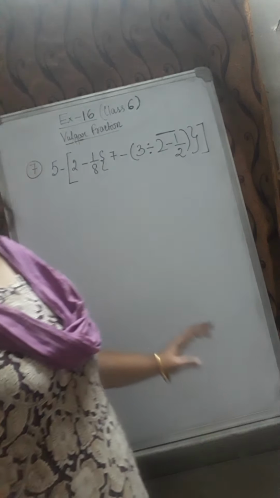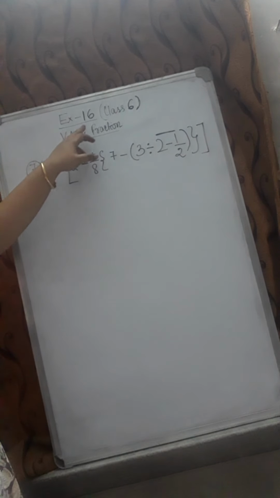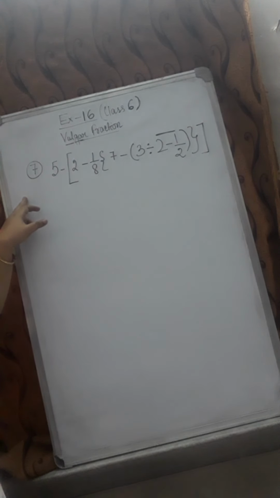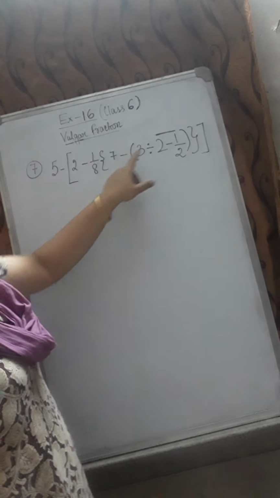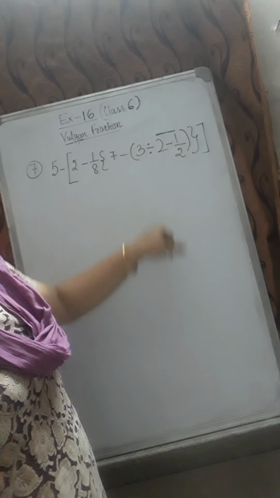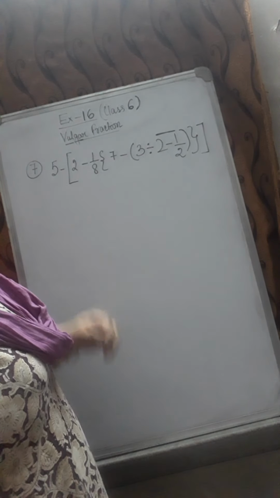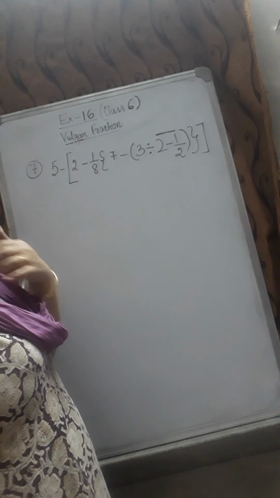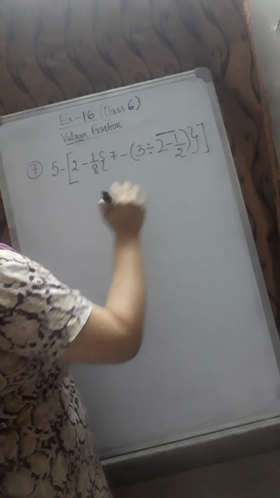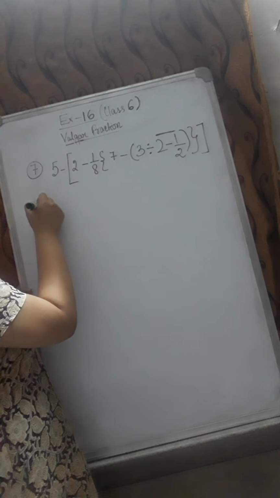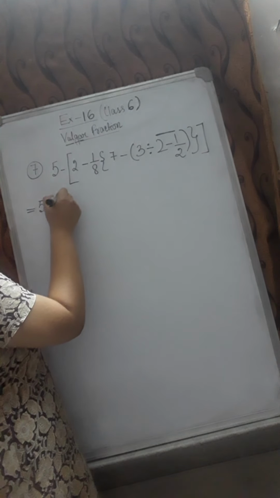So we will do exercise 16, sum number 7, because this is the first sum having the bar bracket out of the sum starting from 1 in the exercise. So you will write the entire thing very carefully.